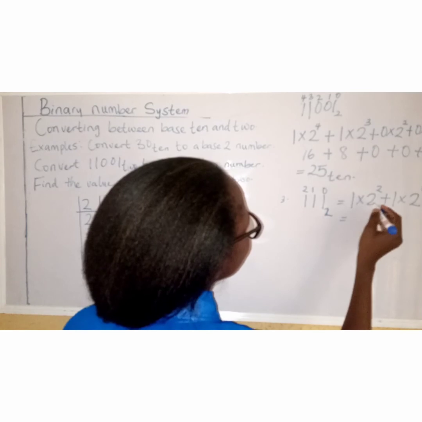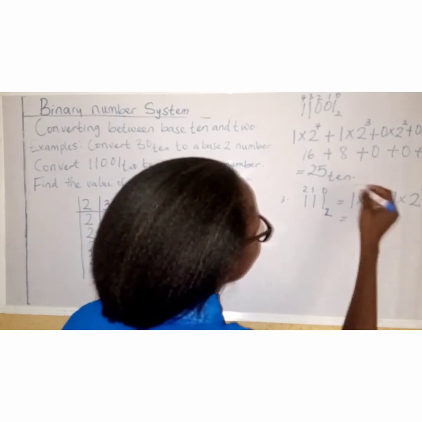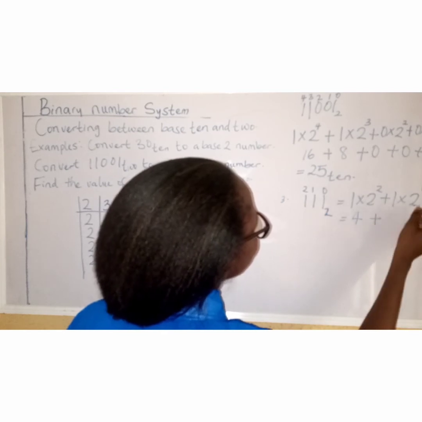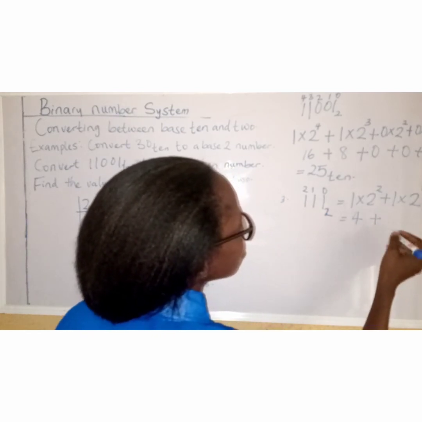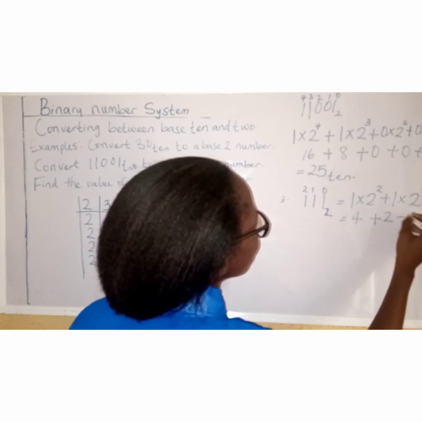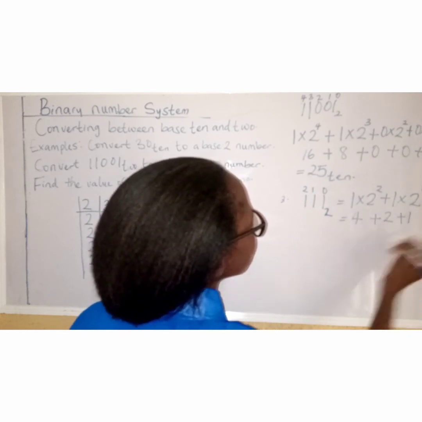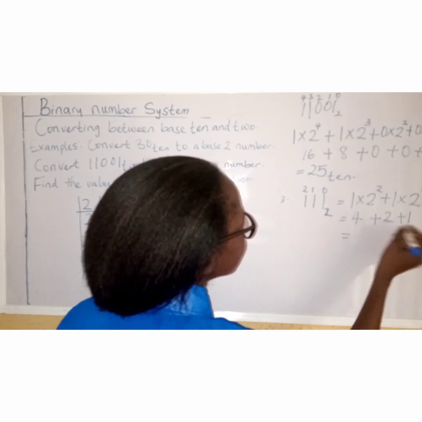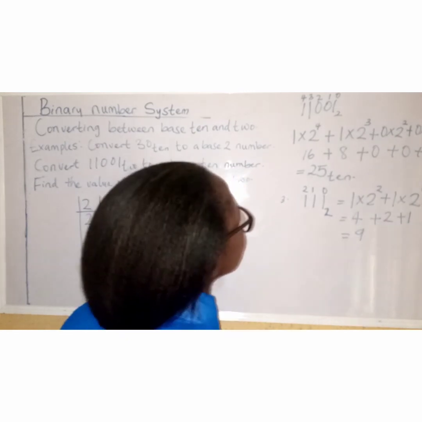It's going to be what? 2 raised to power 2 is 4. 4 times 1 is 4. Then 2 raised to power 1 is what? 2. 2 times 1 is 2. Then plus 1. Then you have what? 4 plus 2 is 6, plus 1, 7.